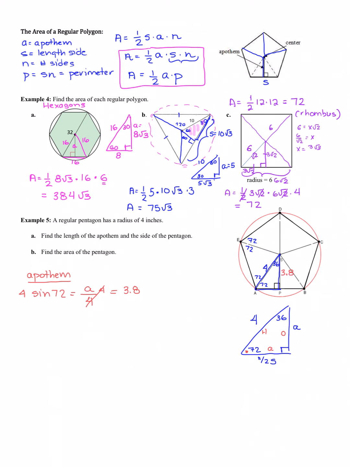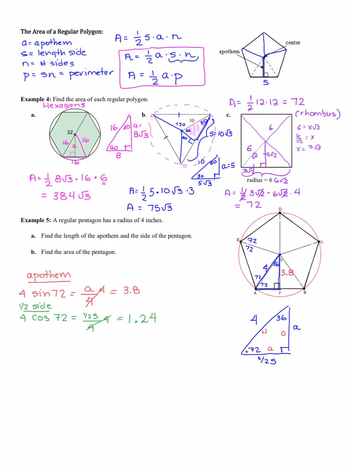Now we want to find the adjacent, which is a cosine. So I know that the cosine of 72, which is finding half of a side, is going to be half of my side divided by 4, and again, we want to multiply both sides by 4. So 4 cosine 72 is 1.2.